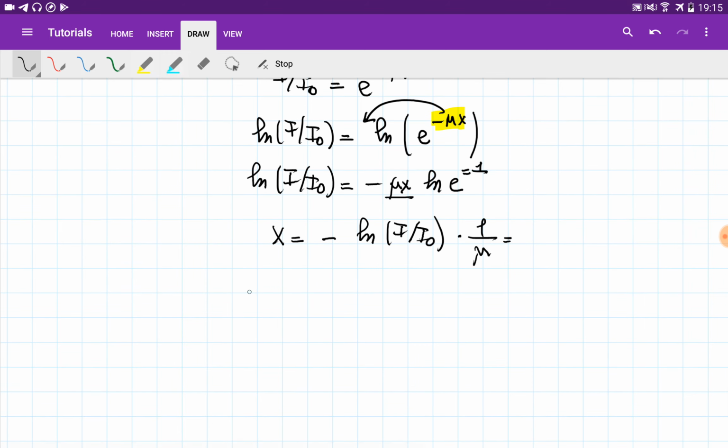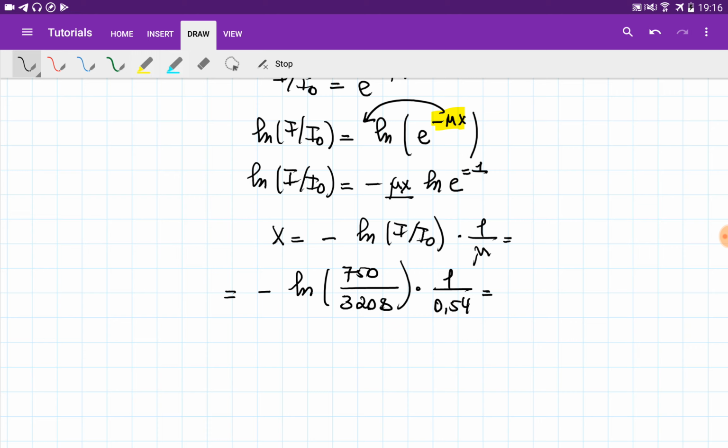Let us put everything in. It's going to be minus ln of I, which is 750, divided by the initial one, 3208, multiplied by 1 over 0.54. Let me just calculate this using a calculator. It's going to be ln of 750 divided by 3208, divided by 0.54.